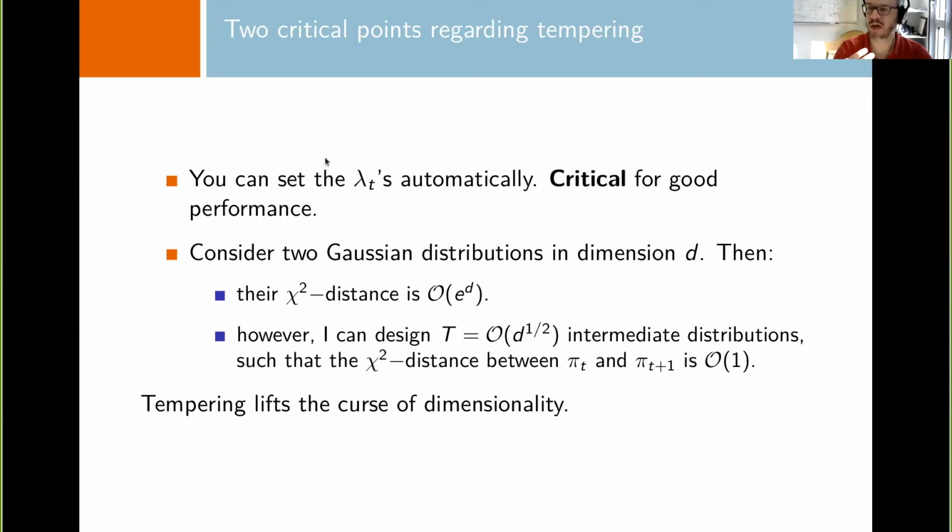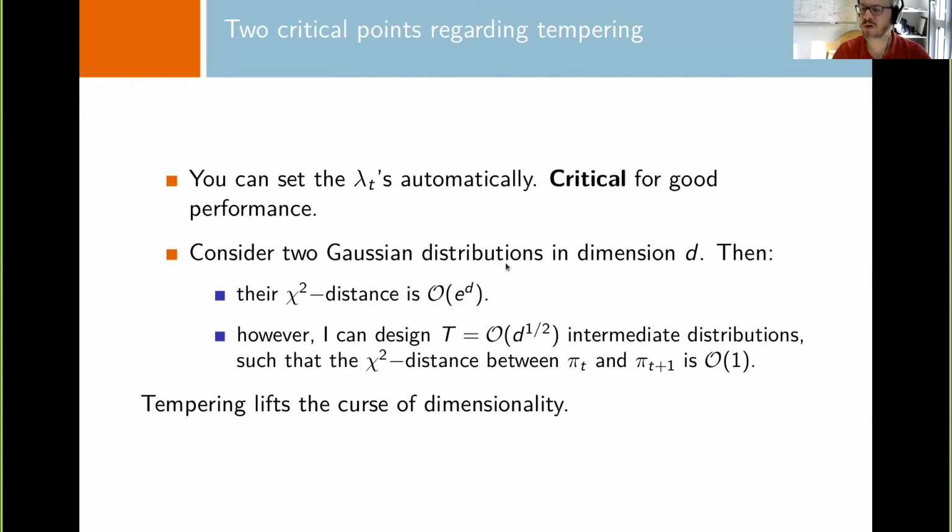But here, what is very nice is that you will have a simple way to choose automatically the next lambdas, right? And this is very important for performance. If you try to choose it manually, it will be terrible. And if you do use this kind of automatic tuning, it will work really well. So it is important.